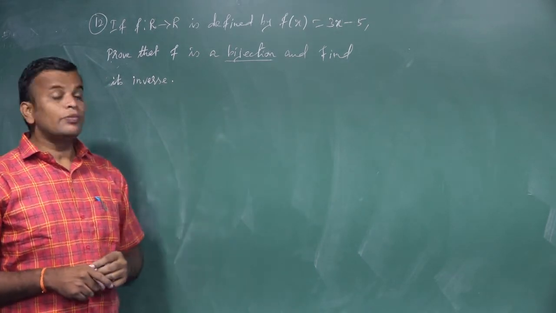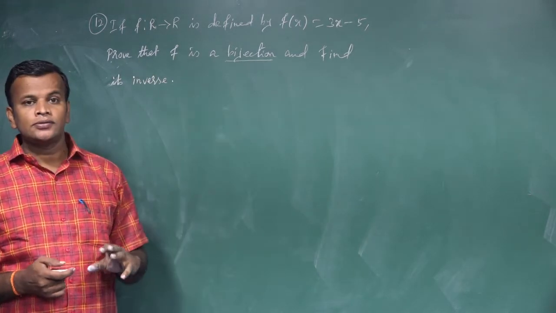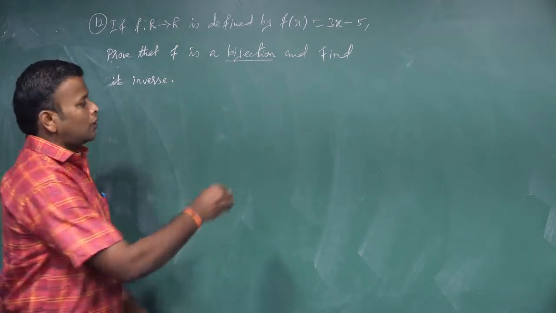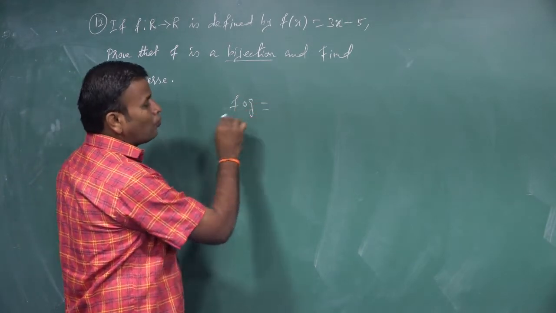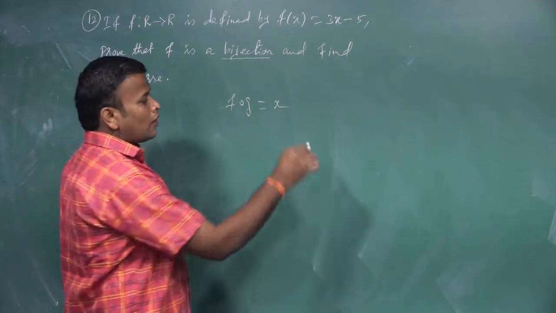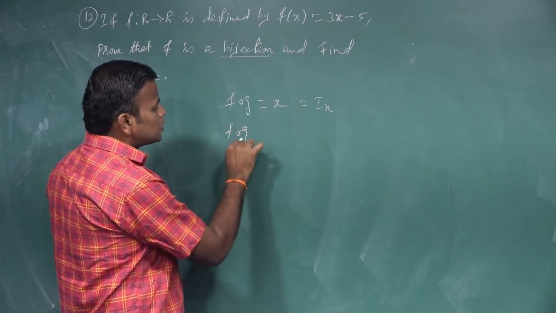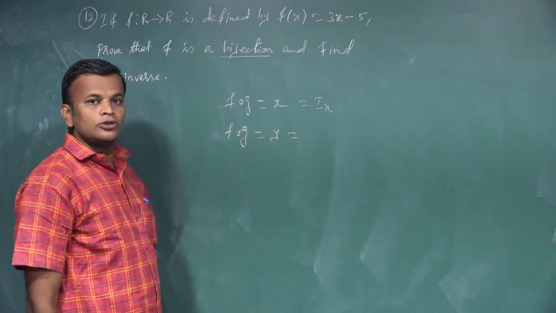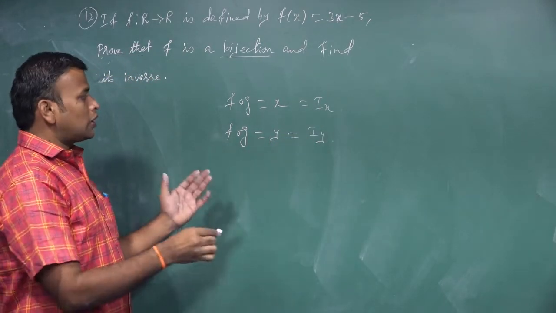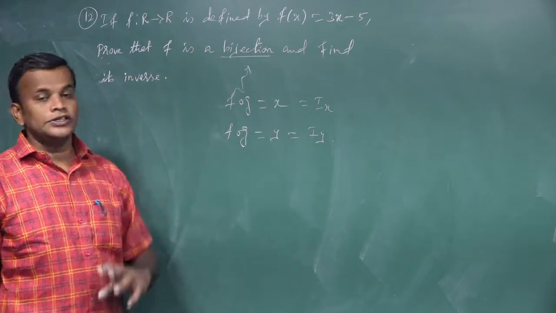Suppose the composition of two functions f and g, whose value is an identity, that is exactly f∘g is I of x, and g∘f is I of y, that is the identity of y. Then we come to the conclusion these two functions are bijections and also inverse to each other.